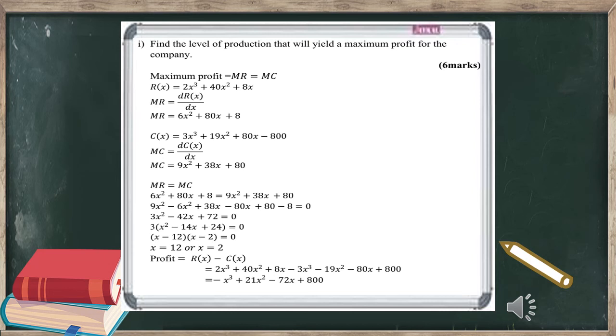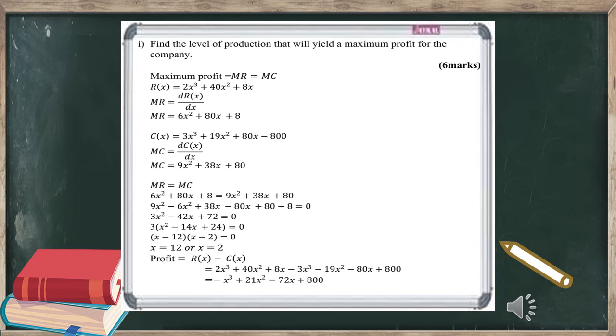So we do the calculation and then we get the final answer for x is x equal to 12 or x equal to 2. How to find profit? Profit we will get when revenue minus cost.